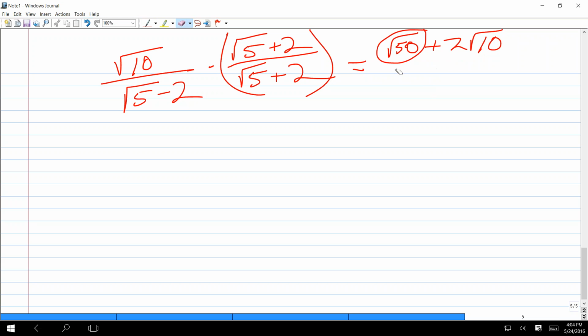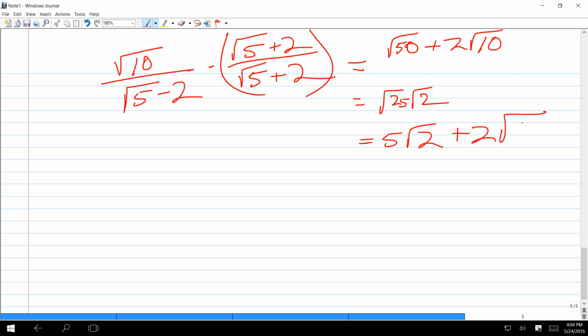You could pull 25 out of it, well, once really. In other words, it's the square root of 25 times the square root of 2, correct? Mm-hmm. Okay. So that's 5 root 2 plus 2 root 10.